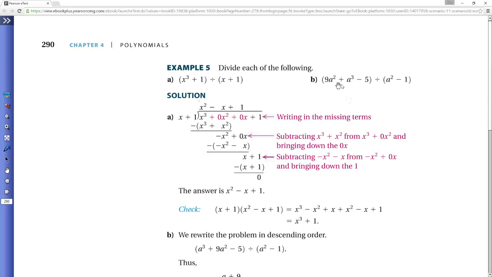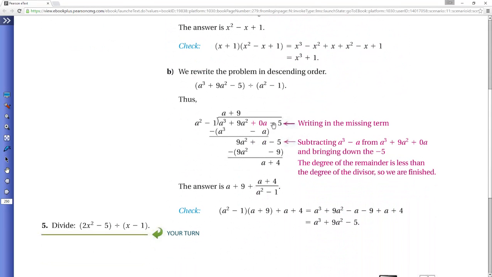So what they do here is say, hey, this is degree 3 and this is degree 2. We should put that in front. So they change the order of that, which is possible because of the commutative property. And then they fill in a 0 for the term that's not represented. I got a 3rd degree, 2nd degree, but I didn't have a 1st degree, and I have a 0 degree. Okay.